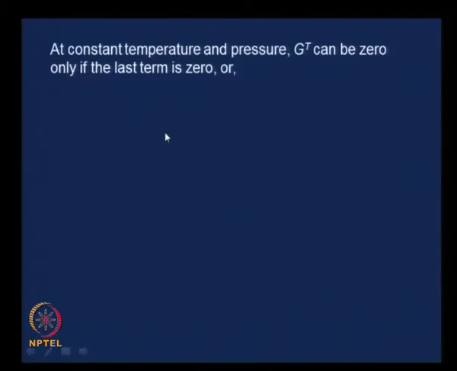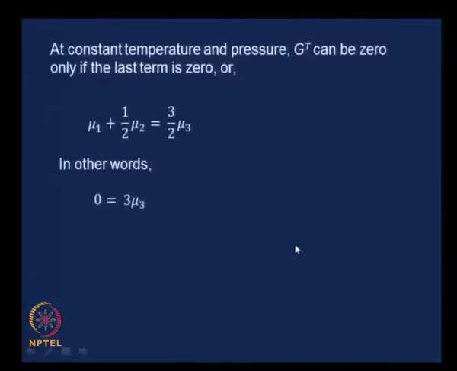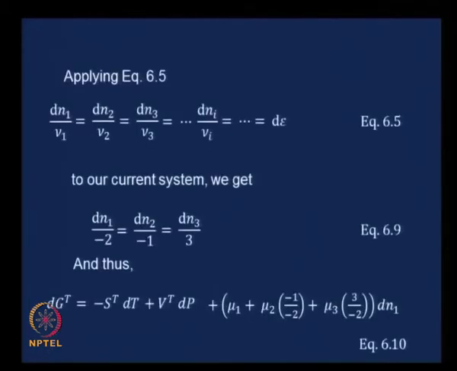At constant temperature and pressure dG_T can be 0 only if the last term is 0, because dT is 0 and dP is 0 anyway at constant temperature and pressure.